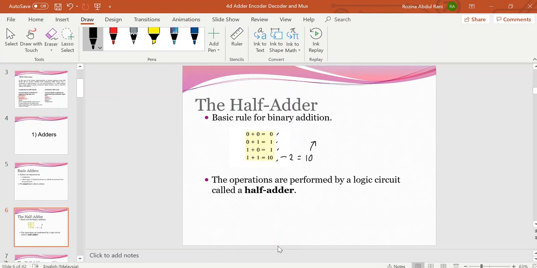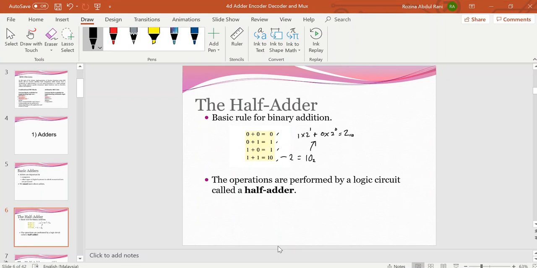If you convert 10 to decimal, 0 times 2 to the power of 0 plus 1 times 2 to the power of 1 equals 2. So 2 is the decimal number, and 10 is the binary number.